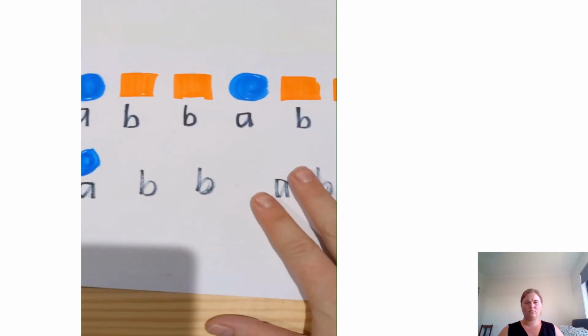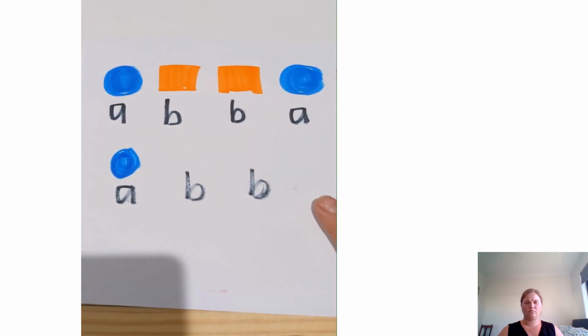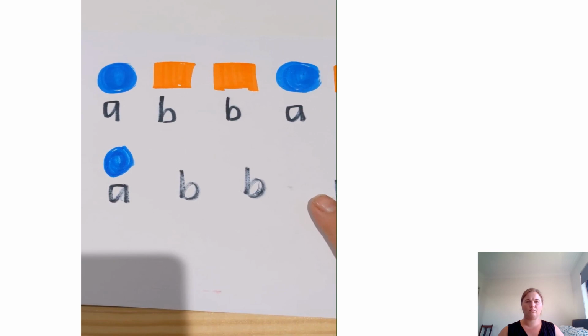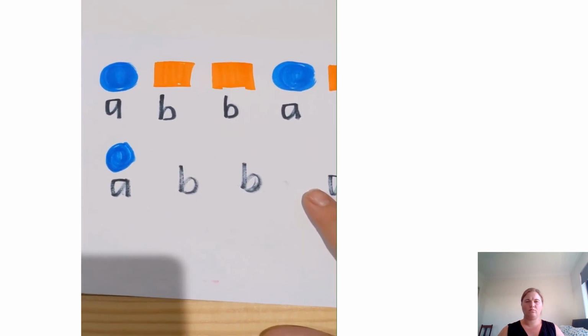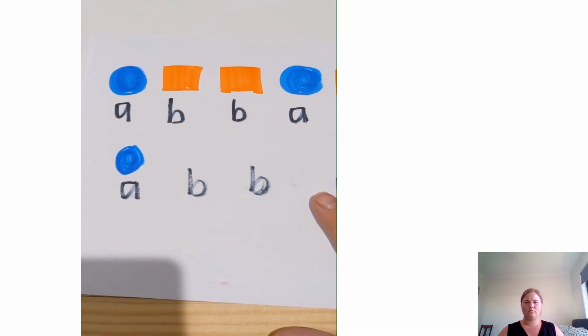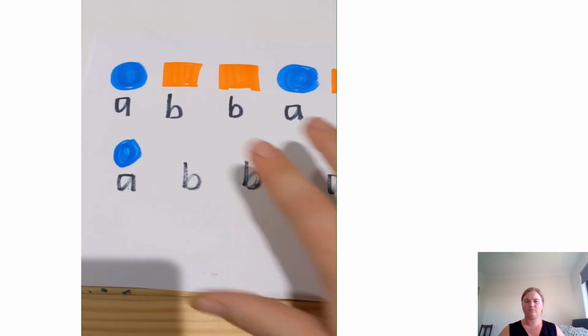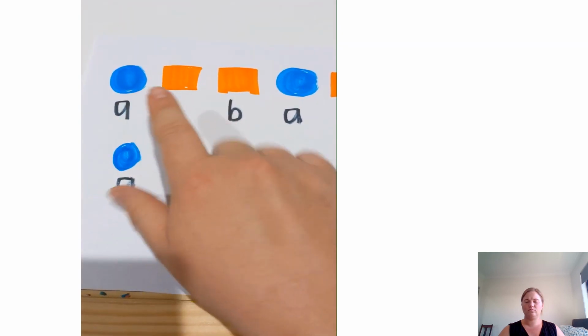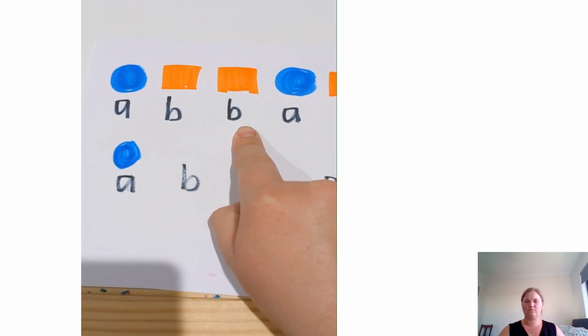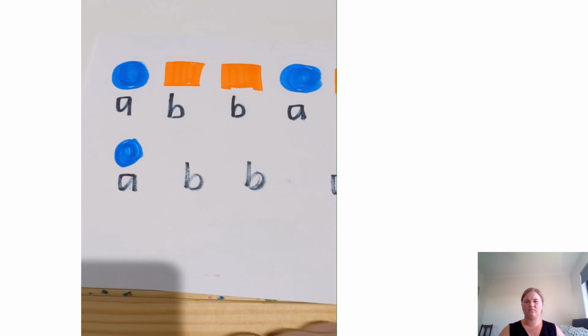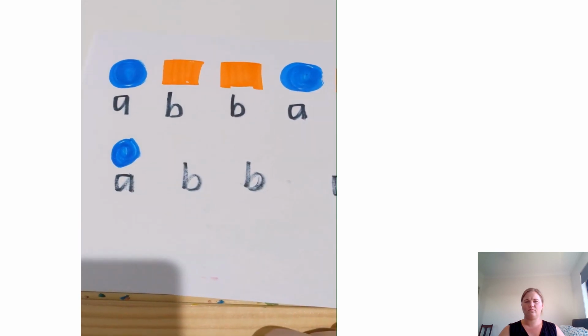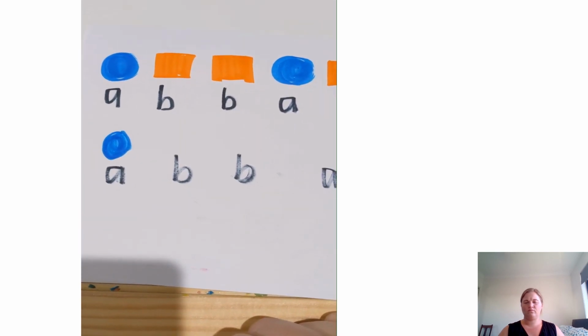Next up, I'm going to ask you to have a go at creating your own pattern using your two colours. So I'd like you to get your two colours out now, and I'd like you to use your white piece of paper or your scrapbook and create your own pattern. You might create an ABB pattern like me, or you might create an ABAB pattern like we saw before.